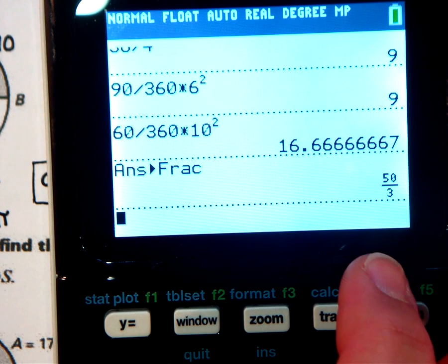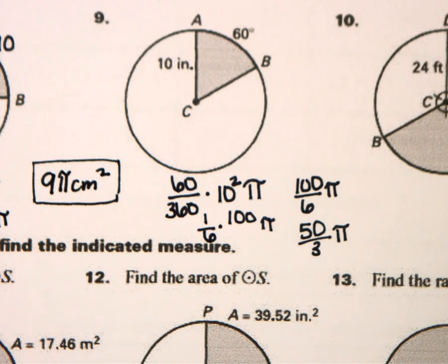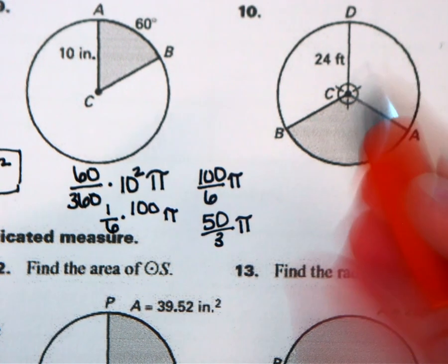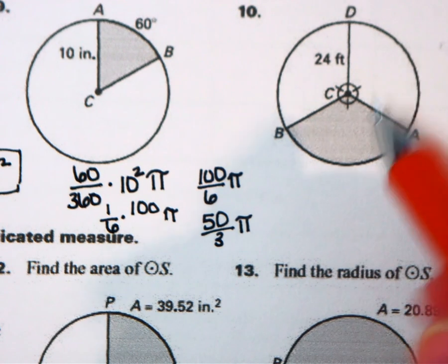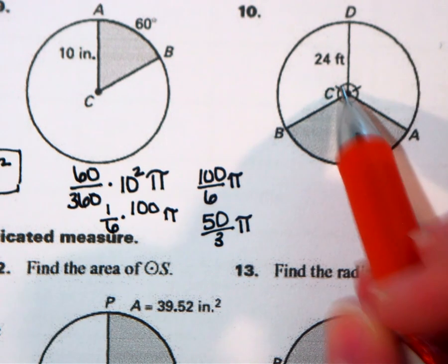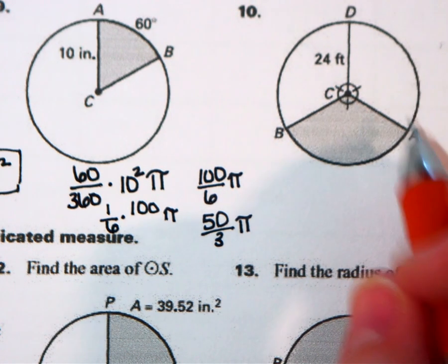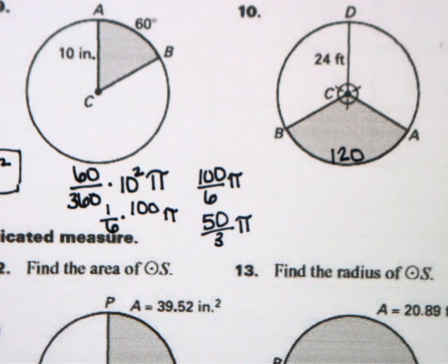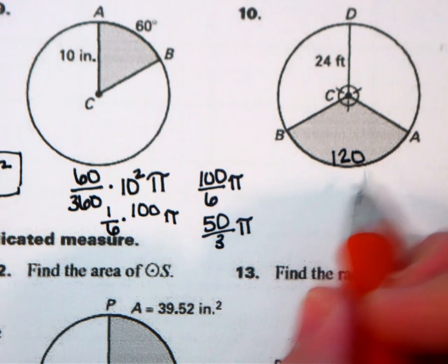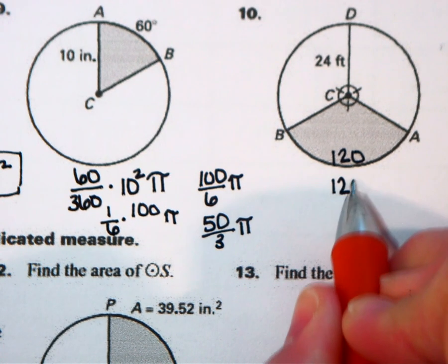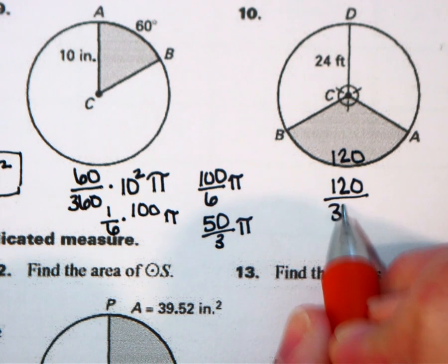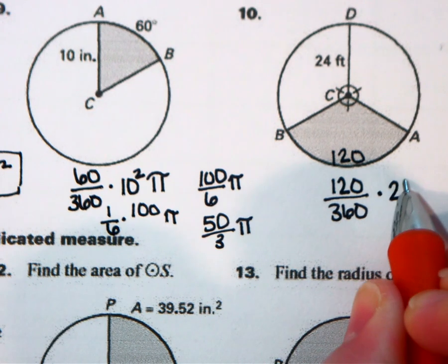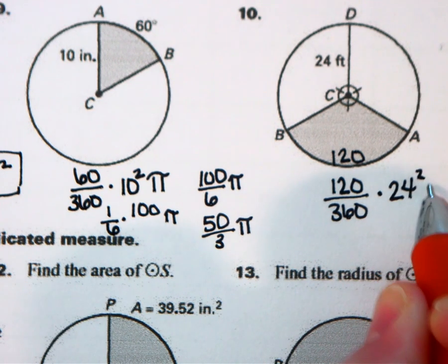Okay, last one on this row here. Okay, so this is telling you the measure of the arc in a very interesting way here. So it's showing you 3 equal parts. So 360 divided by 3 is 120. All right, so if you were using the formula, it'd be 120 over 360 times 24, our radius, squared pi.